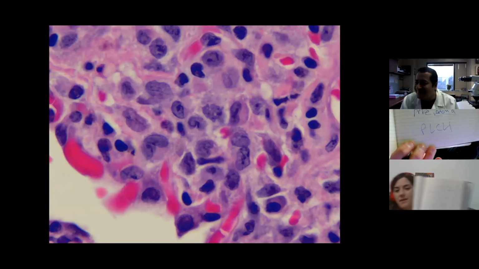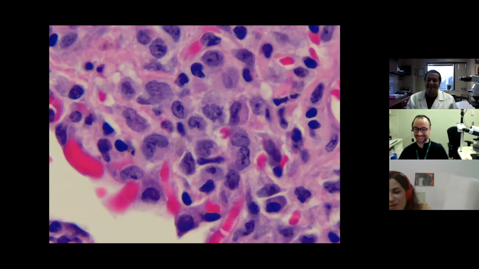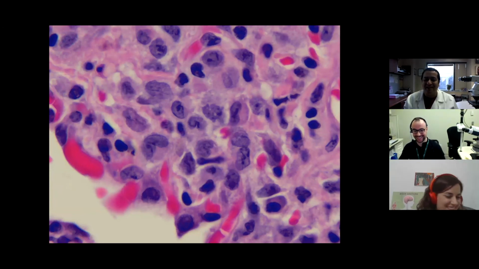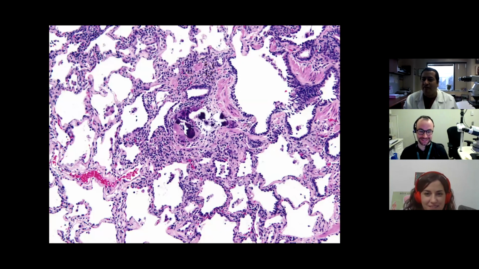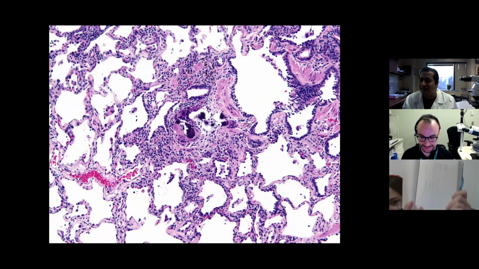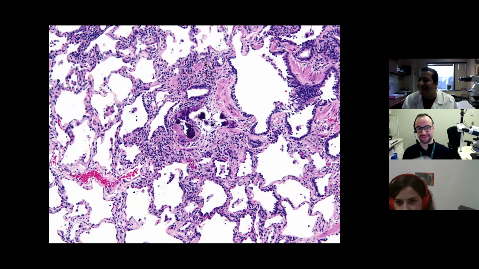Pulmonary Langerhans cell histiocytosis. Perfect. 45-year-old woman, never smoker, with bilateral ground glass infiltrates and air trapping.